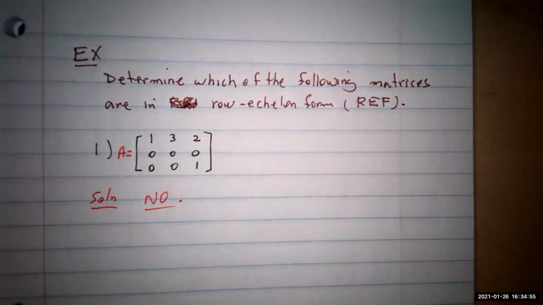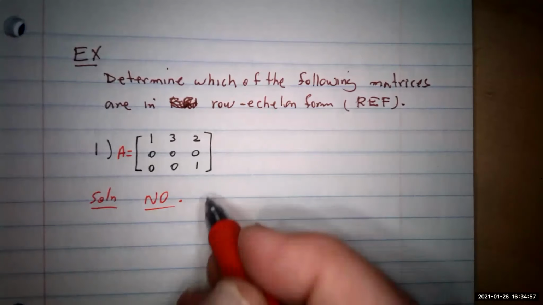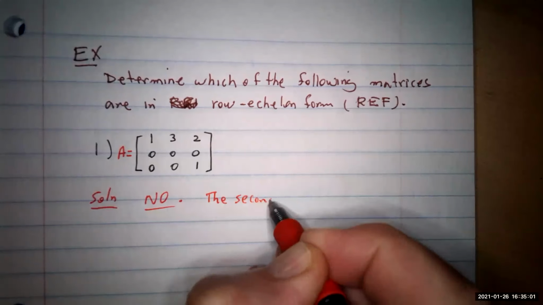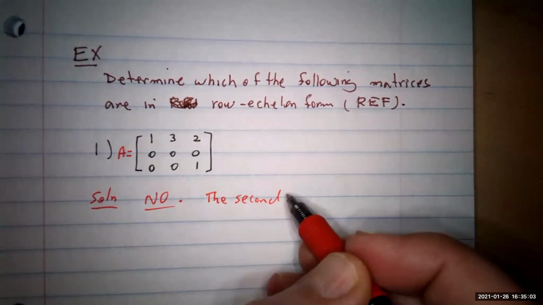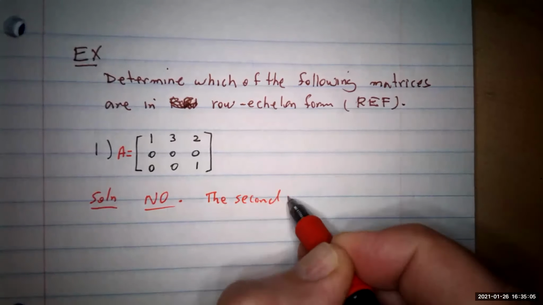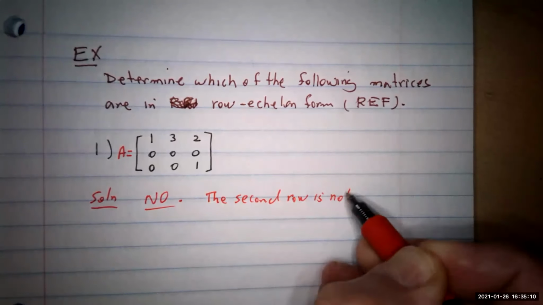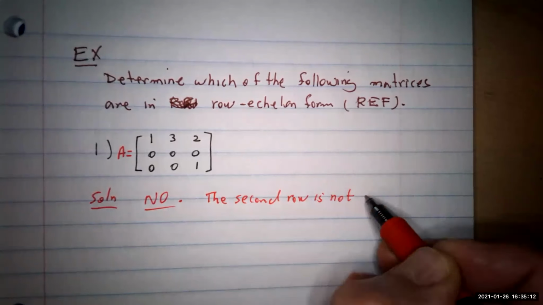So the second row is not below the third one.